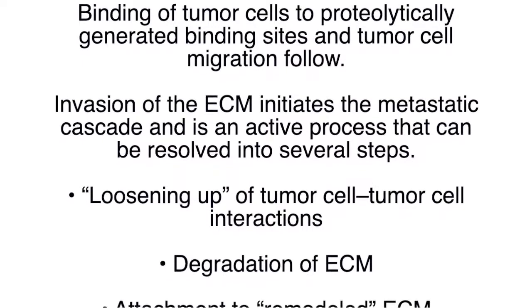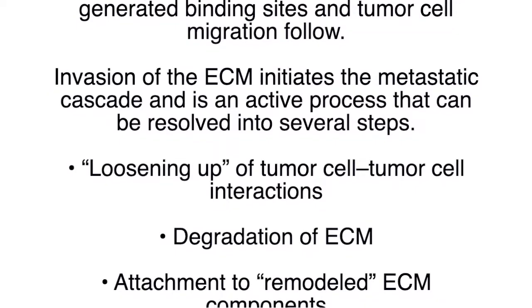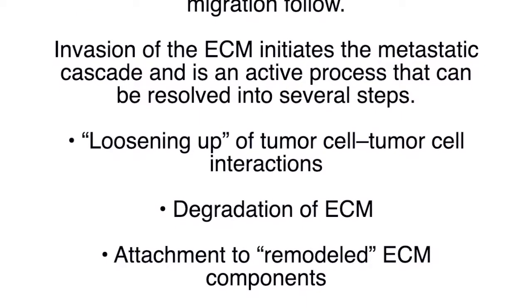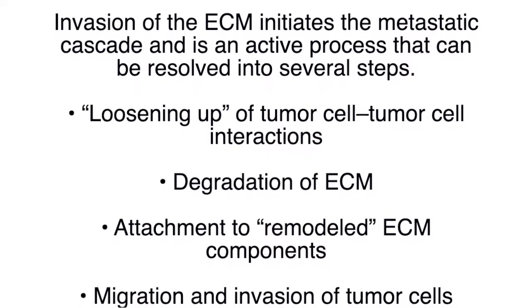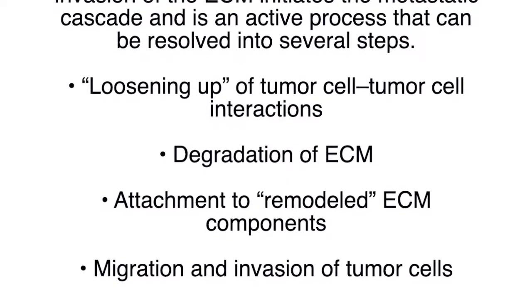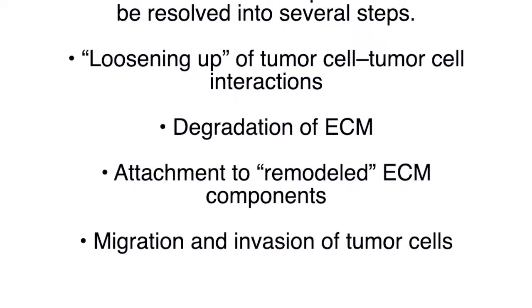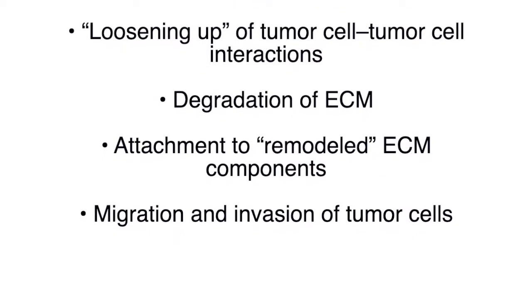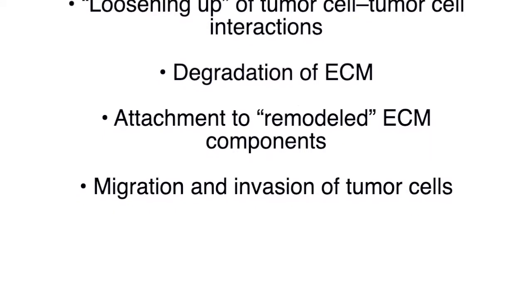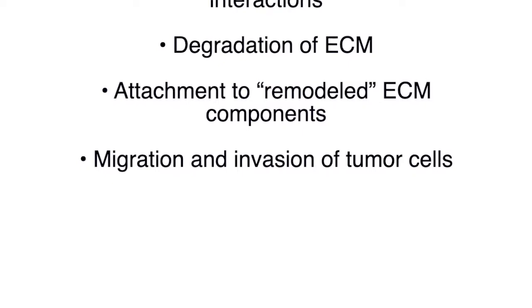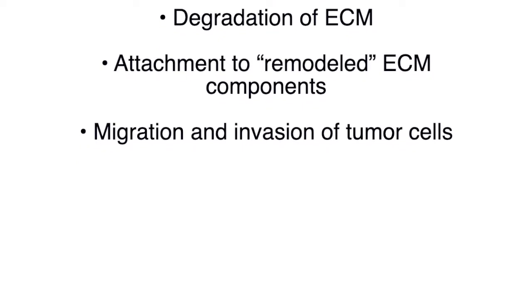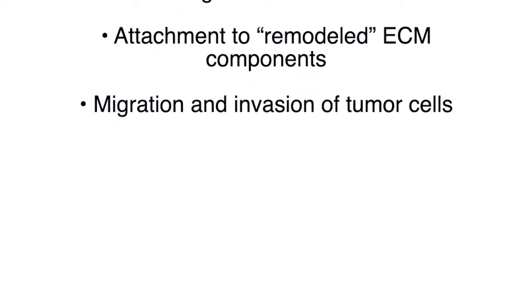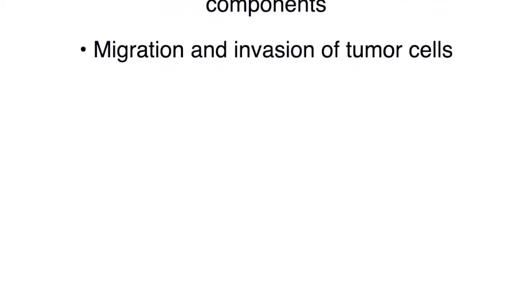Binding of tumor cells to proteolytically generated binding sites and tumor cell migration follow. Invasion of the ECM initiates the metastatic cascade and is an active process that can be resolved into several steps. One, loosening up of tumor cell interactions, degradation of ECM, attachment to remodeled ECM components, migration and invasion of tumor cells.